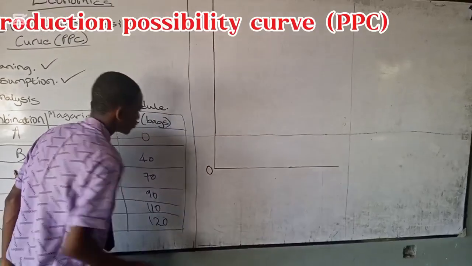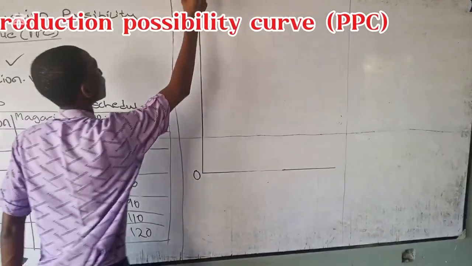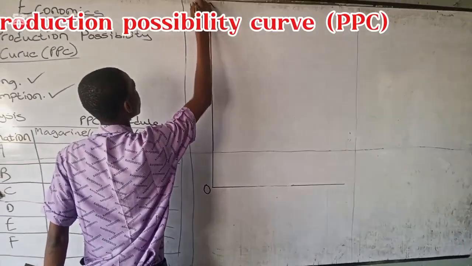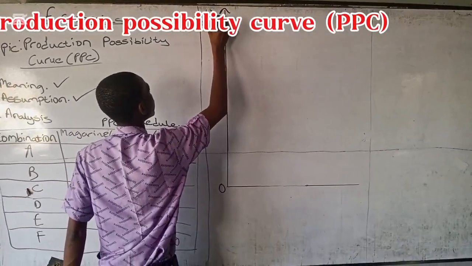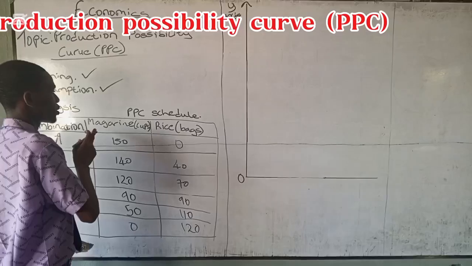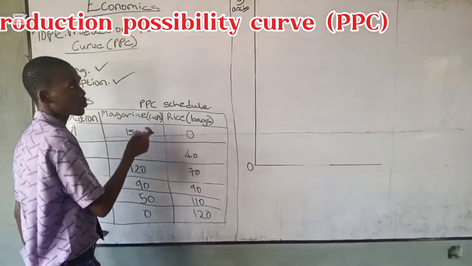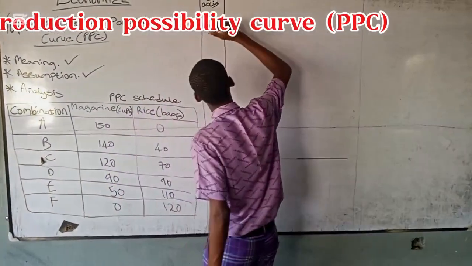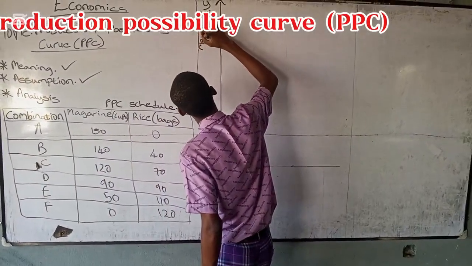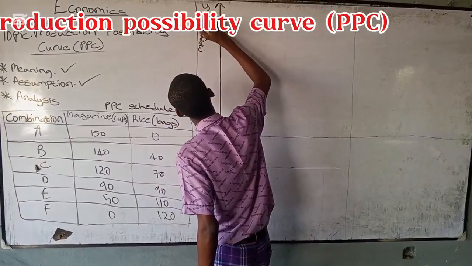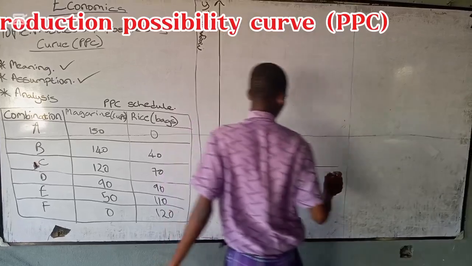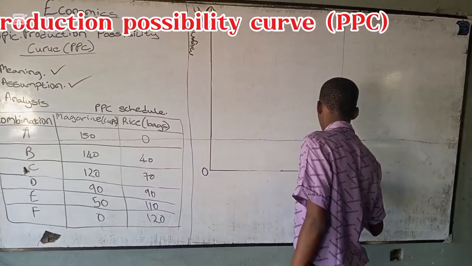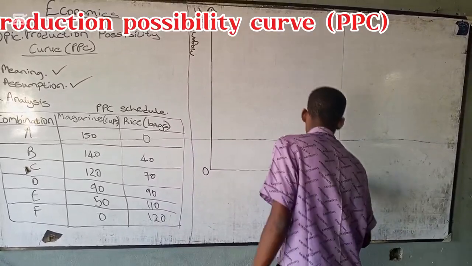Here's the origin. The y-axis represents margarine in cups. And our x-axis represents rice.